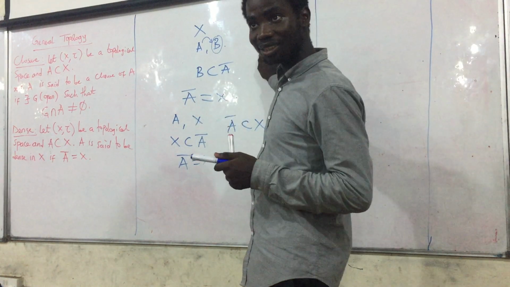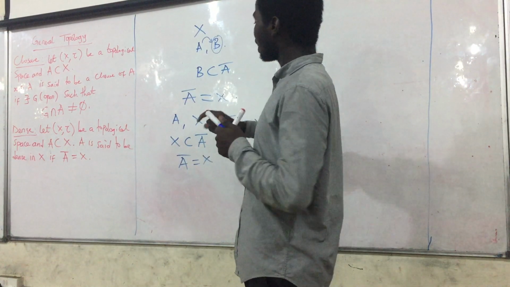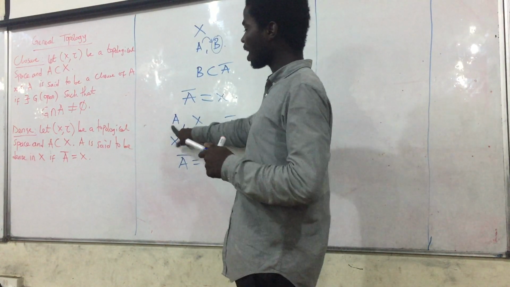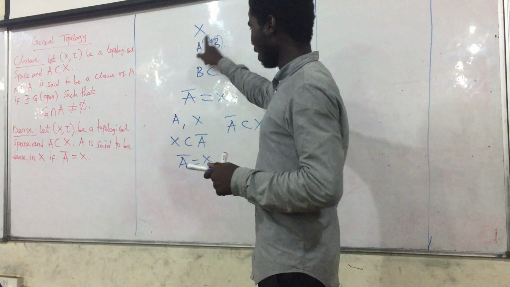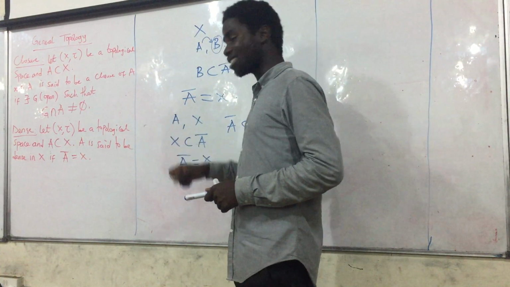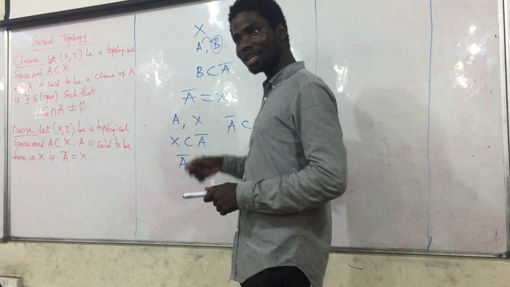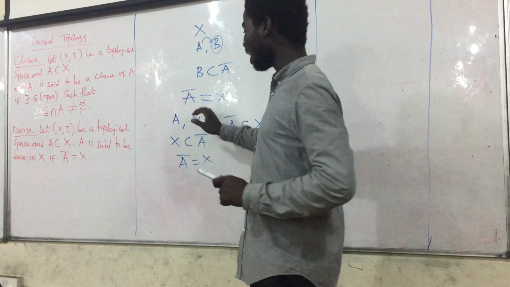Then we say A is dense in B. But if you are talking about the whole space, A is dense in S if S is fully contained in the closure of A. But we know that S is the whole space.